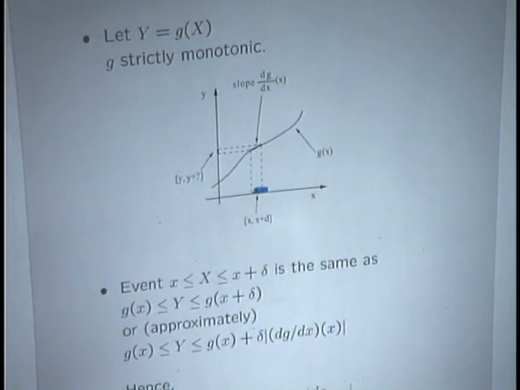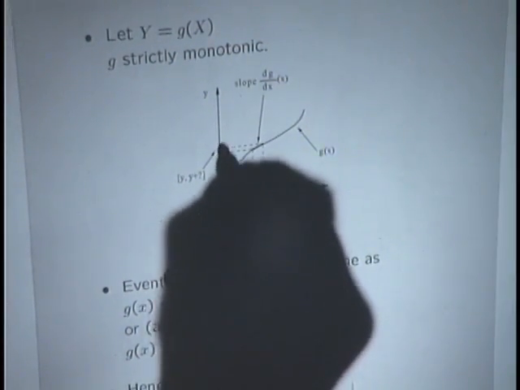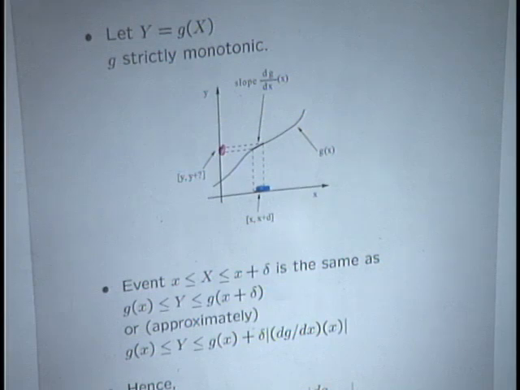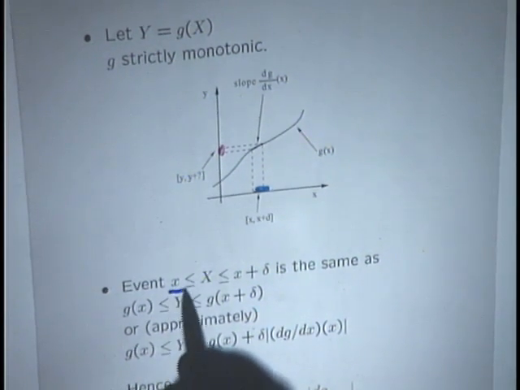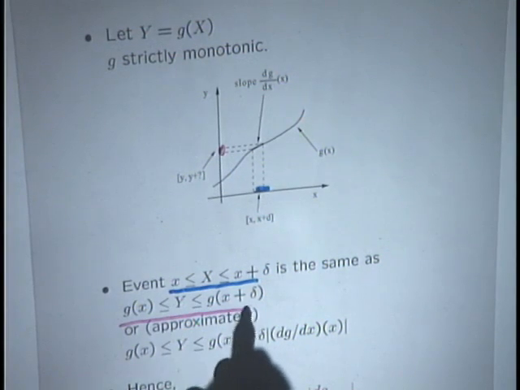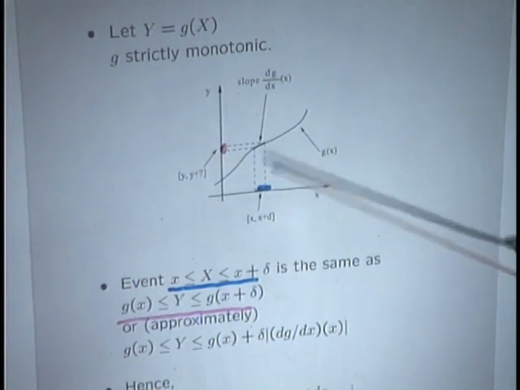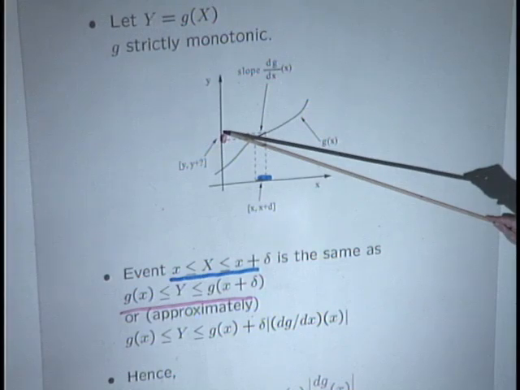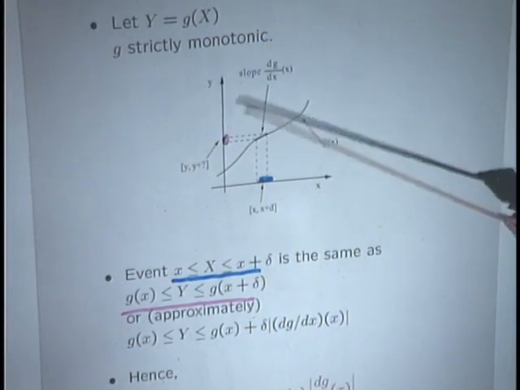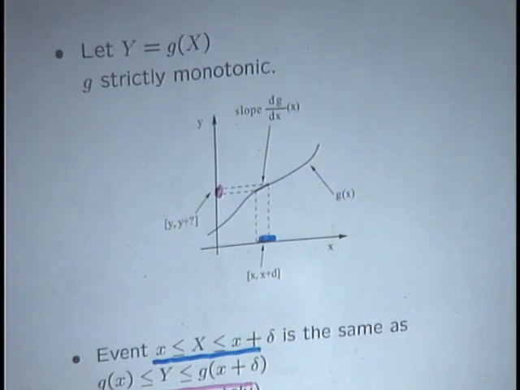So up there we have a corresponding interval, and these two intervals, the red and the blue interval, should have the same probability. They're exactly the same event. When x falls here, g of x happens to fall in there. So we can say that the probability of this little interval is the same as the probability of that little interval.